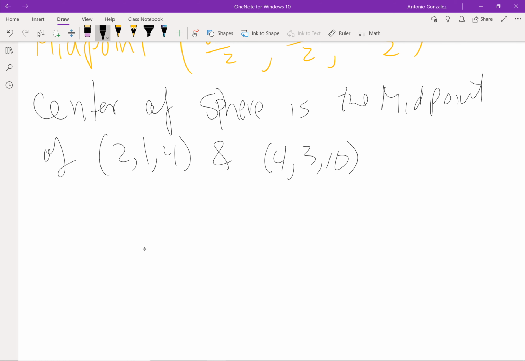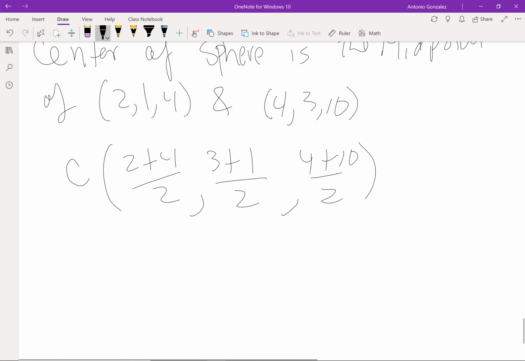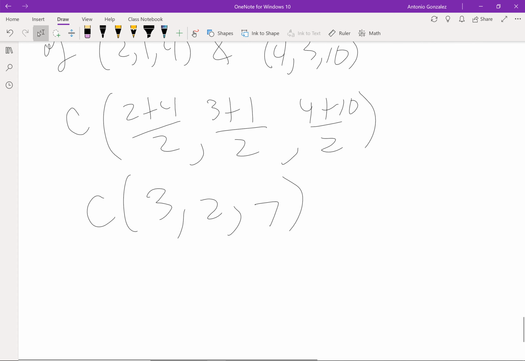Okay, so let's call it C, and we'll take it for the center. So C is the point (3, 2, 7). All right.